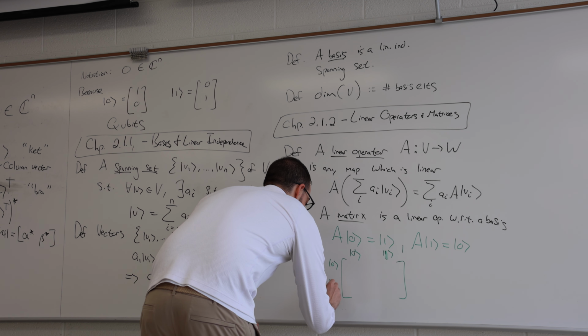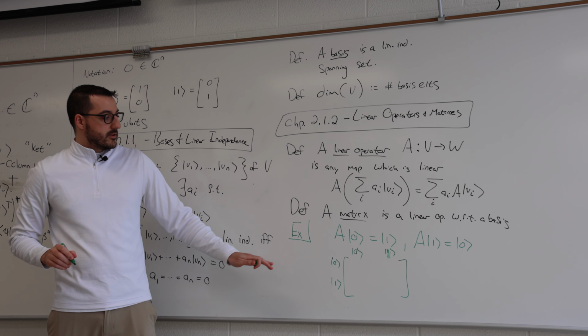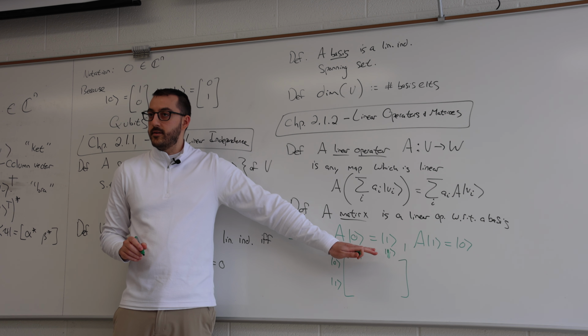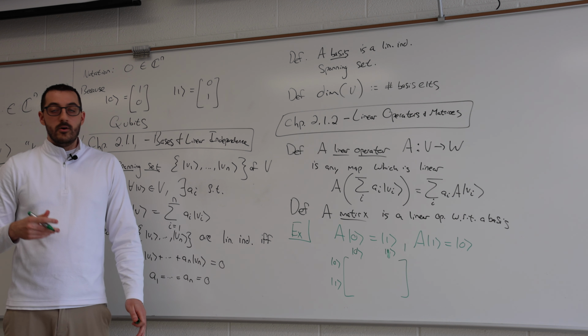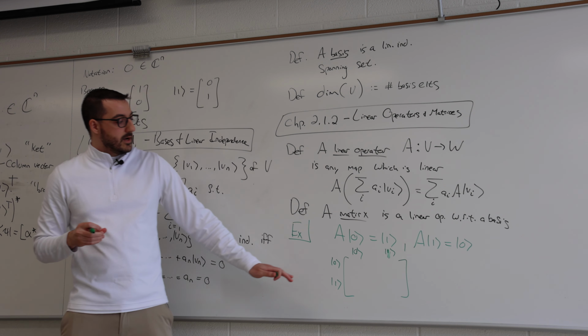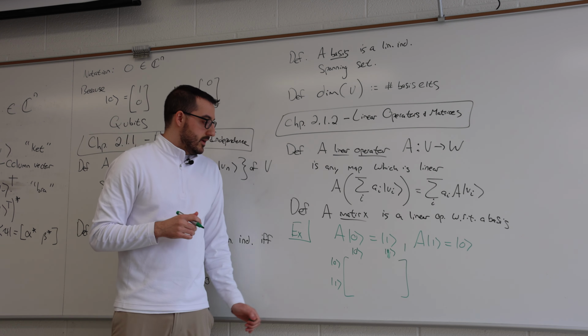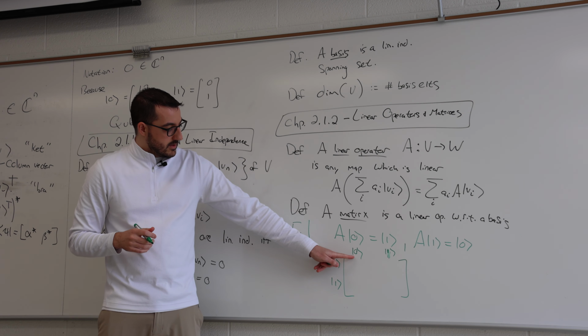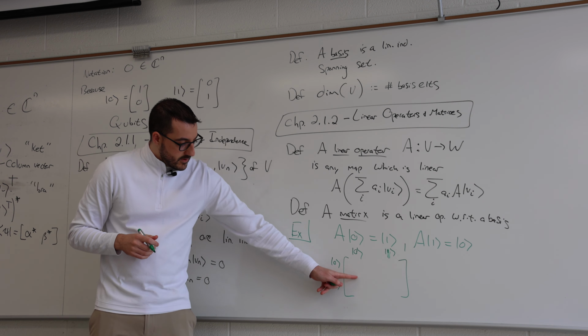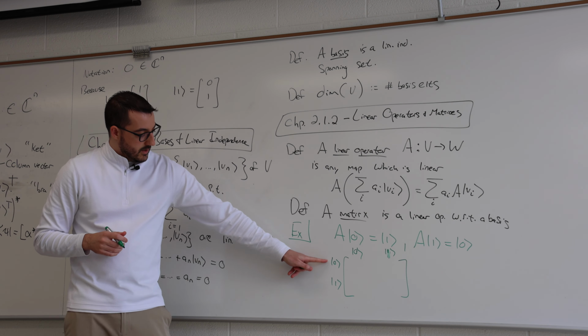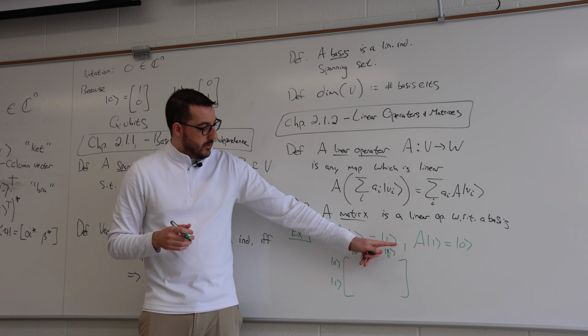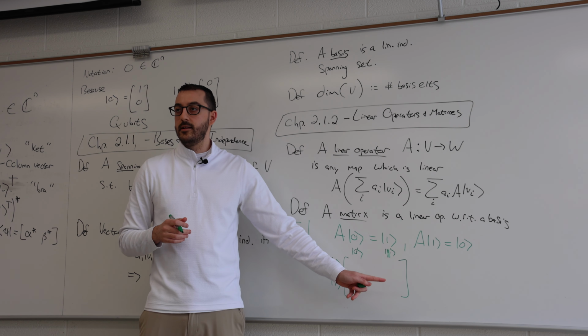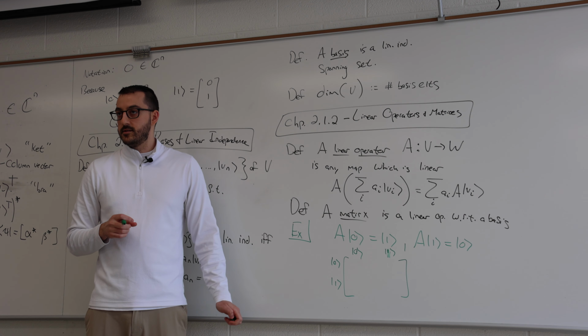So in both cases, I want the order to be first the 0 vector and then the 1 vector. And then hopefully you remember from linear algebra, how do you write this in terms of a matrix? Well, it's what A does to the 0 state in the first column, in this order with the coefficients, and then it's what A does to the 1 state in the second column, in this order with these coefficients.